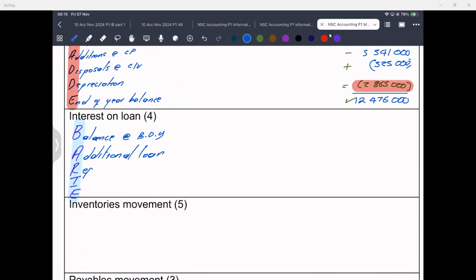Then you will have your repayments. But these repayments, if they're given to you per month, just make sure you multiply them by 12, or make sure that you have repayments for that specific financial year, which is the number of repayments. That 12 represents the number of repayments in one financial year. And then you will have your interest for the year, which is just your interest expense. Then you will have end of year balance.